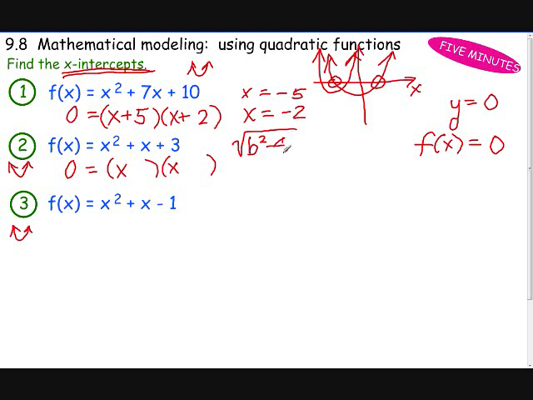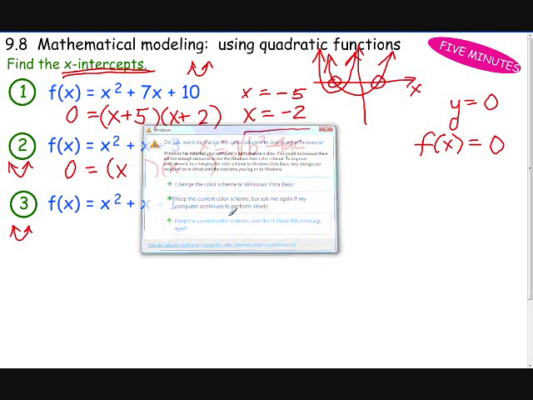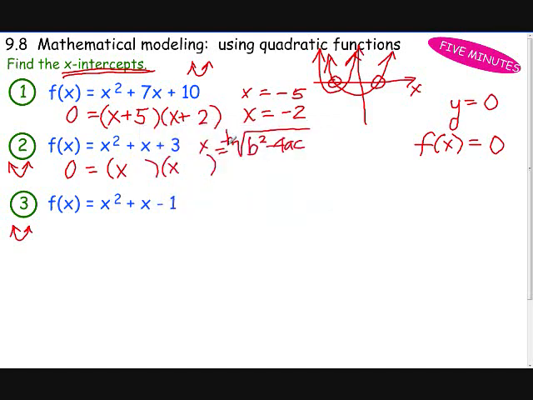We also know that we can use the discriminant, this part right here, from the quadratic formula to figure out whether, let me write that whole thing out, x equals minus b, it's going to be very messy because I didn't plan ahead properly, plus or minus the square root of the discriminant all over 2a.